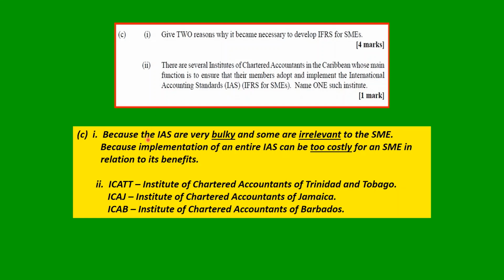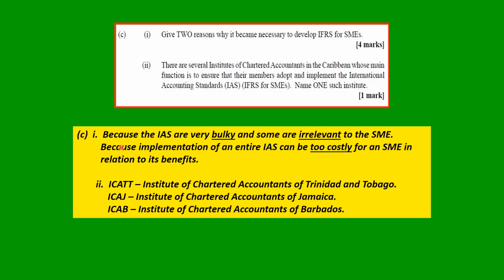Okay, we look at the first part. It was necessary to develop IFRS for small and medium enterprises because the IAS themselves, the International Accounting Standards, were very bulky and some of them were irrelevant to the small and medium-sized enterprises.